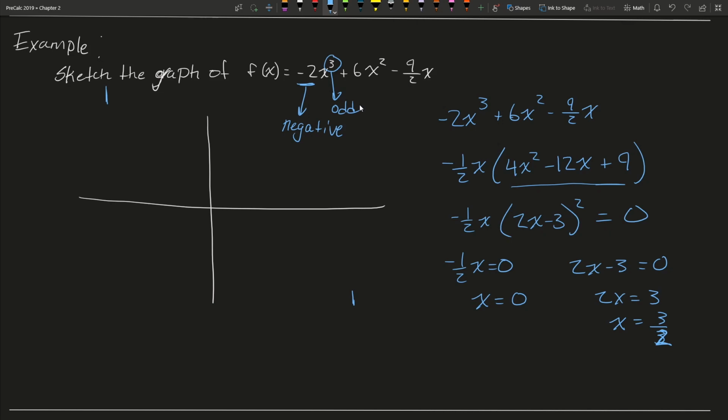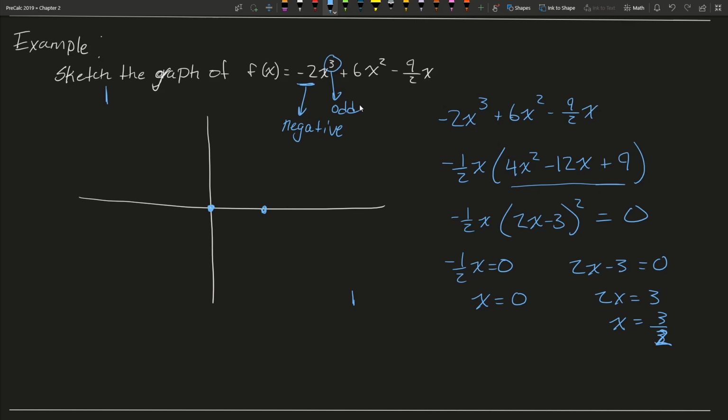So if we plot those, we have one at the origin and one at about 1.5. So now we have a pretty good idea of what our graph is going to look like, but we don't know exactly what happens in the middle still. So then we can use our intermediate value theorem to figure that out.